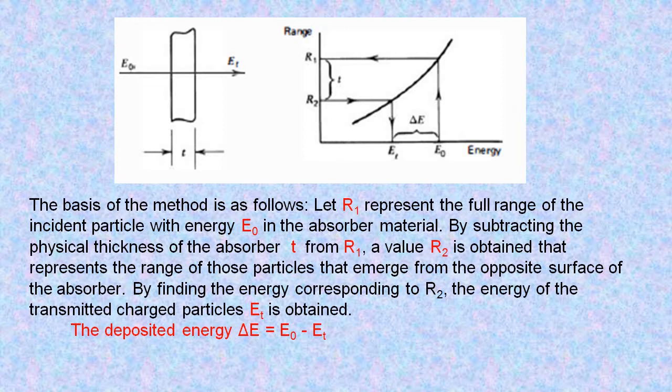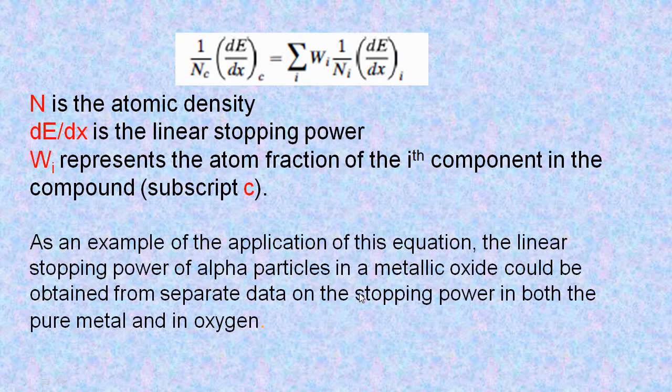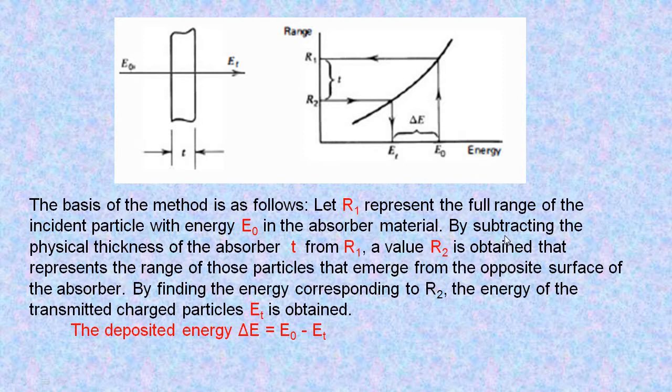Or if you know the initial energy, that means if this is the energy, you can directly calculate what is the range. And if say this point is the initial energy, you can calculate what is the range. So by knowing energy, you can find the range.